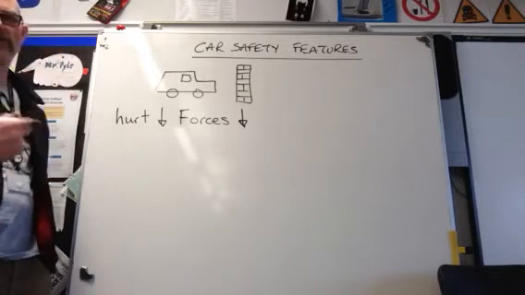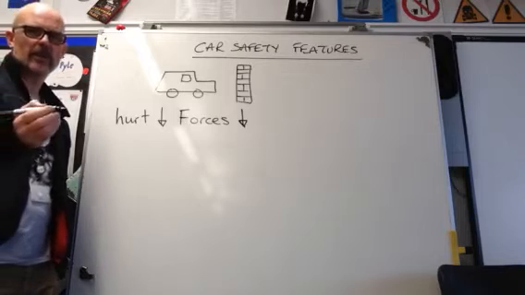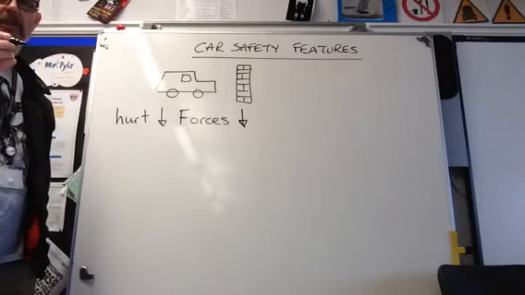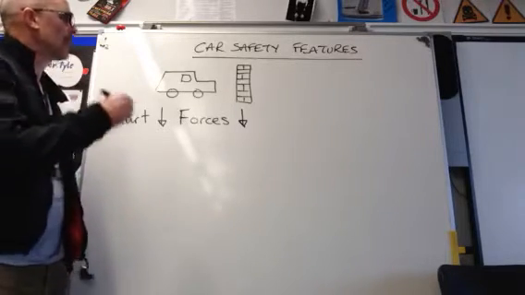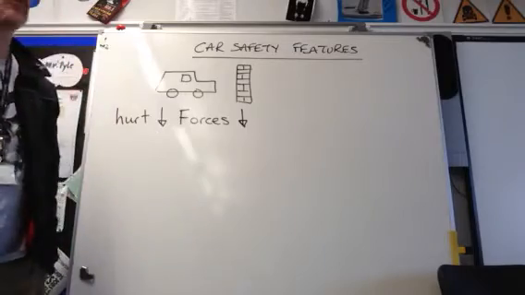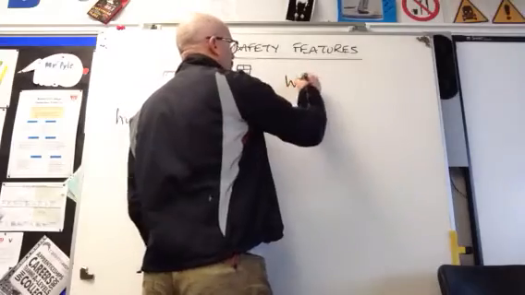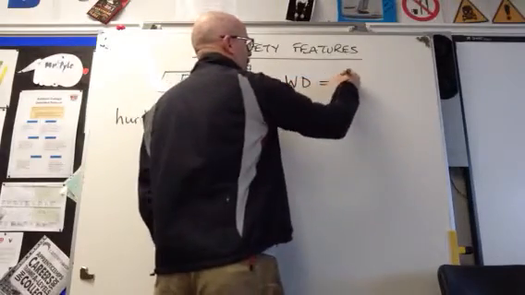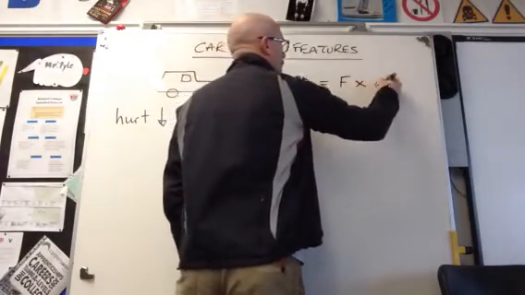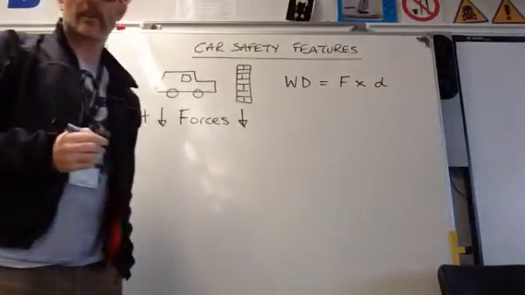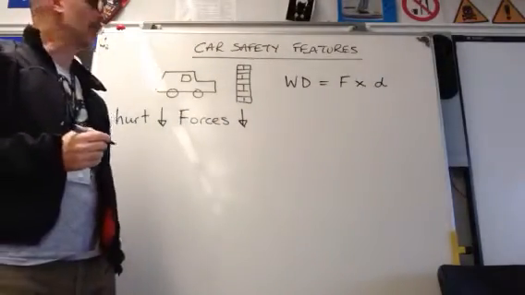Well, let's think if we've got any equations that might help us do this. If we look through our formula sheet, we probably find two equations that have got force in. One of them would be work done equals force times the distance over which the force has been applied.